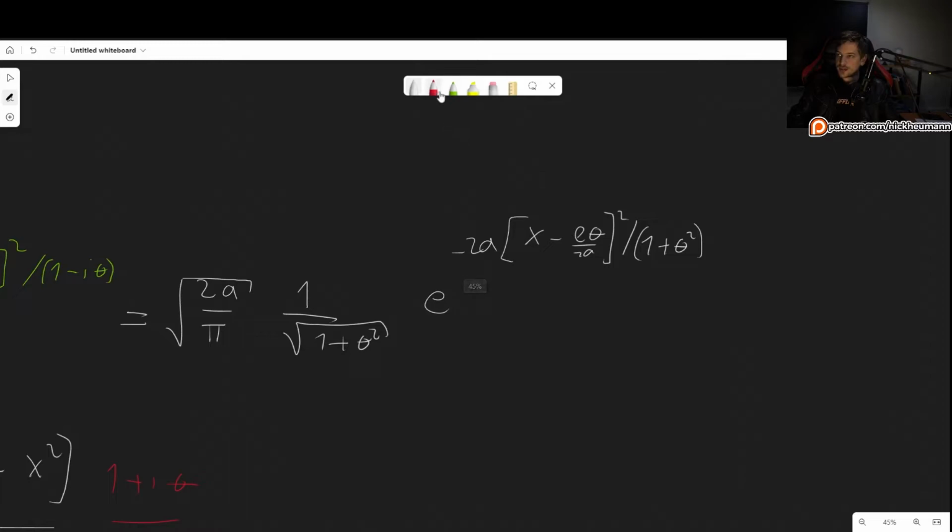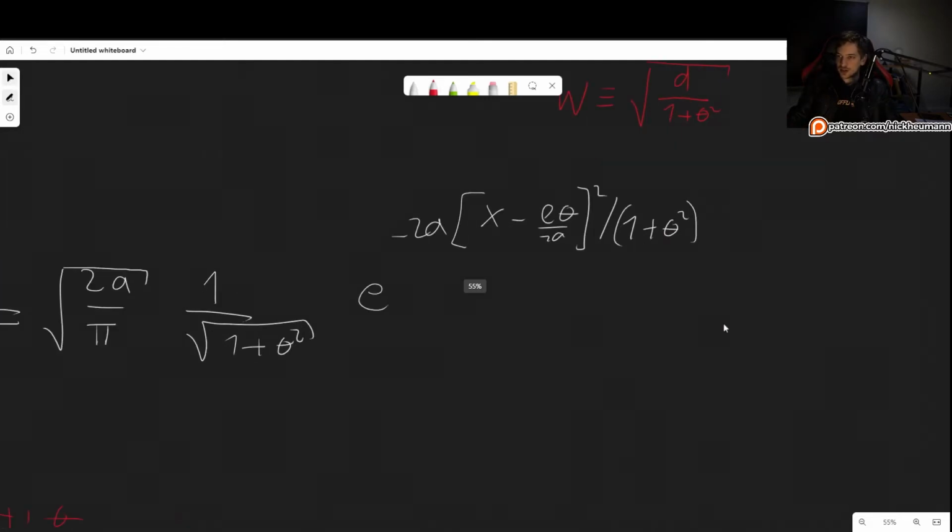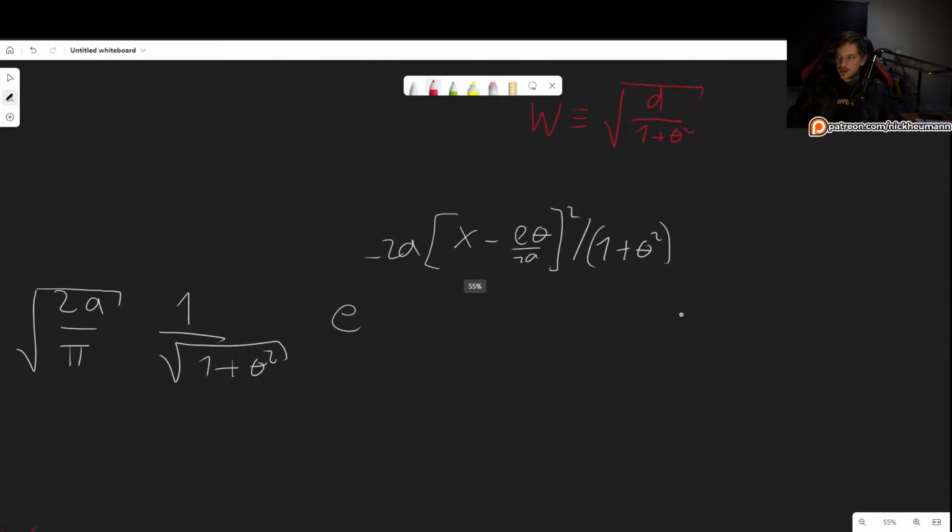Now, if we take a new variable, we can define w as, let's see, because we have a square root of a over this other thing, so we can define w as square root of a over 1 plus theta squared, just to simplify our notation. And by doing that, this changes. So we get square root of 2 over pi times, and we simply have w, right?